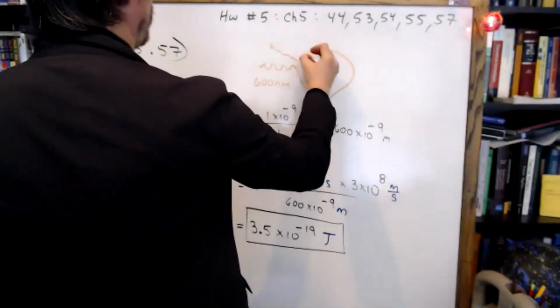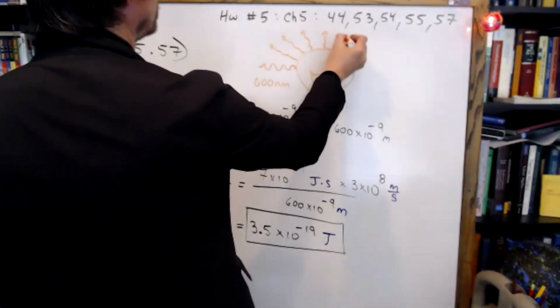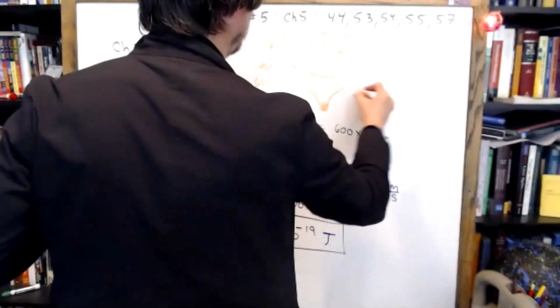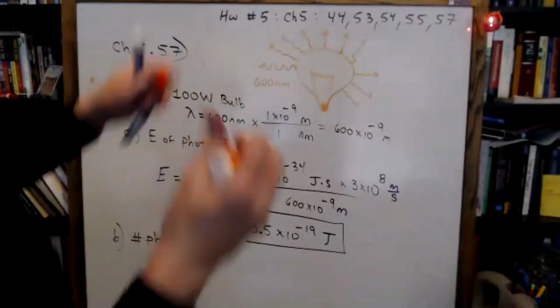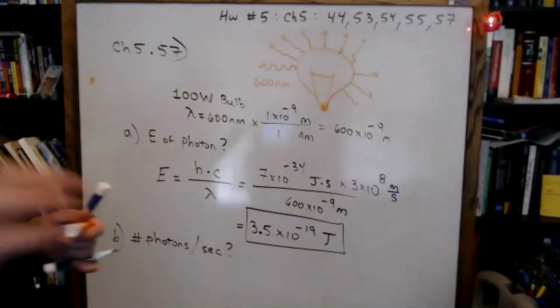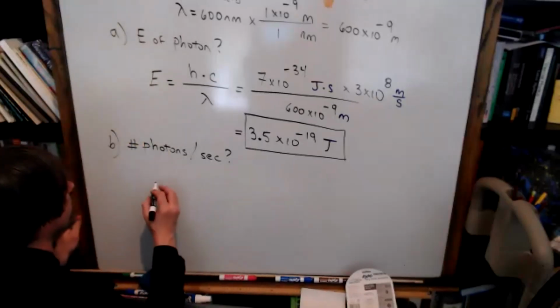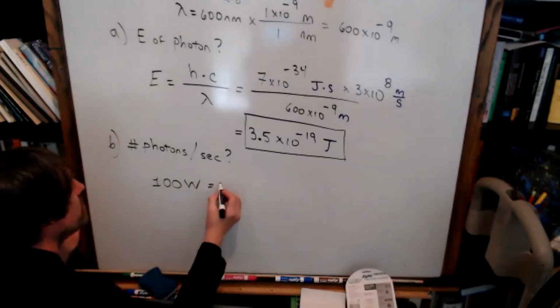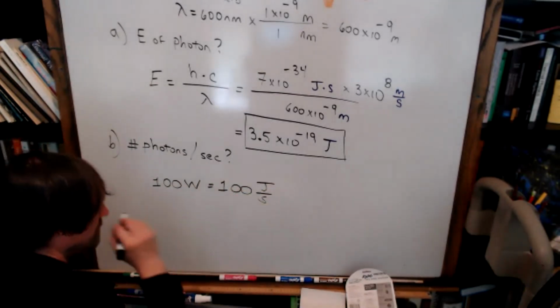And that 100 watts is streaming out in all 360-degree directions. So there are photons of light leaving my bulb in every possible direction. And the net energy flow is 100 watts. So that means that there are 100 joules per second leaving the bulb.